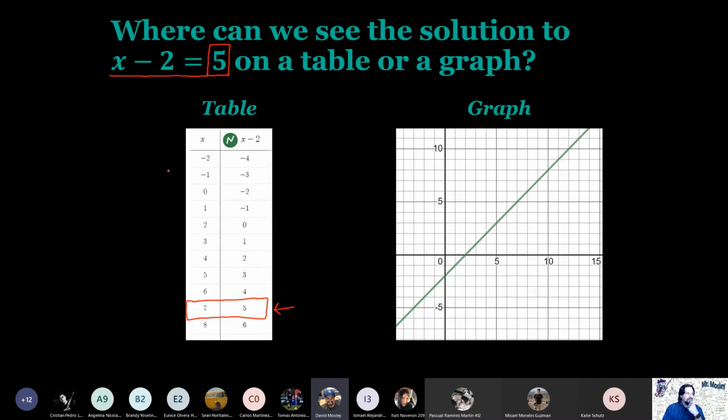So if we look at our table, I want to know where x minus 2 equals 5. We see that x minus 2 equals 5 in the second to last row, and the value of x that goes with it is 7. So we know that 7 gives us the outcome of 5.